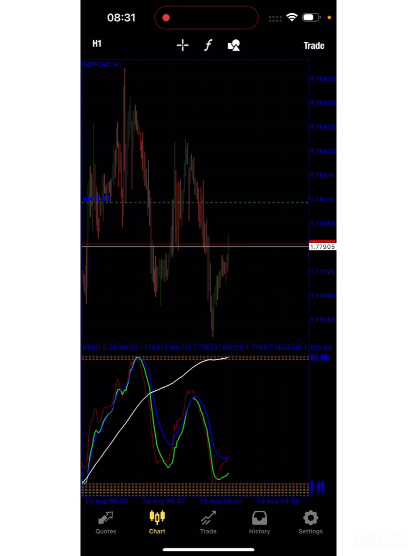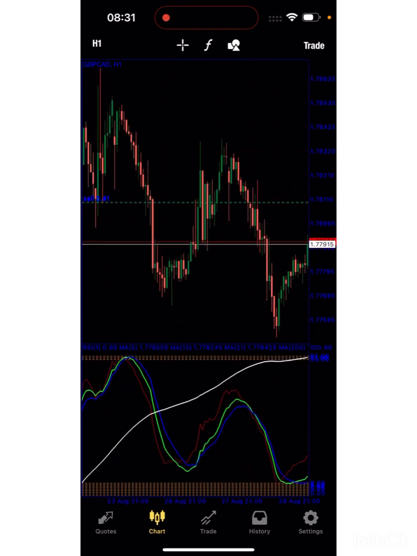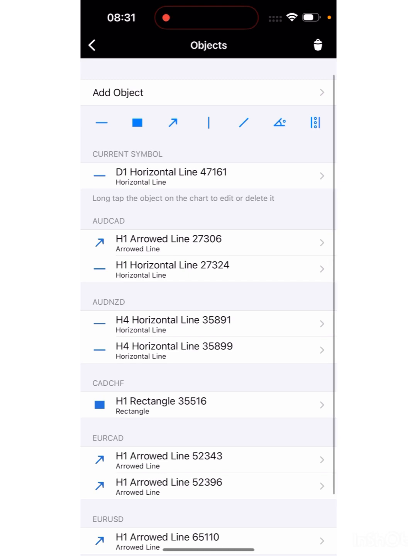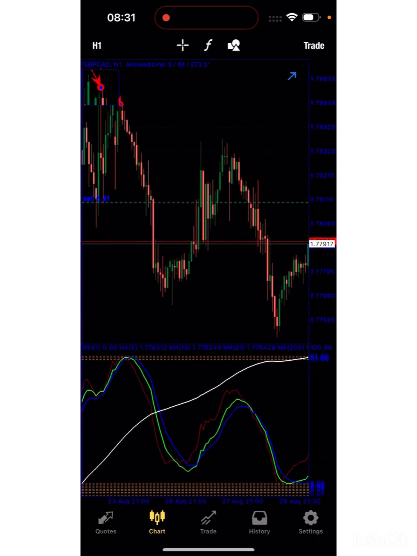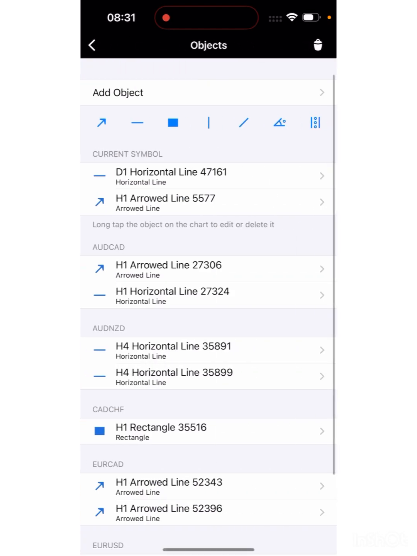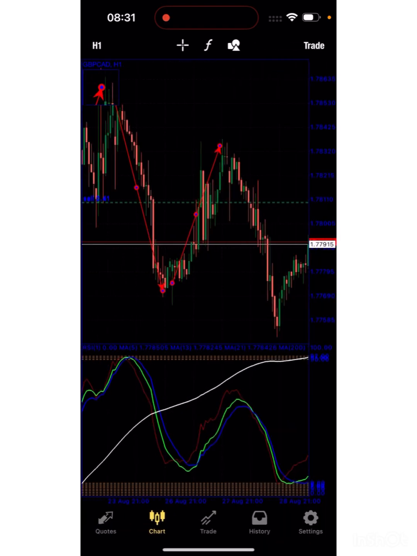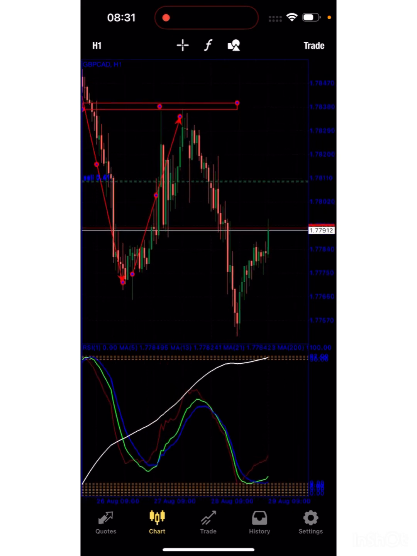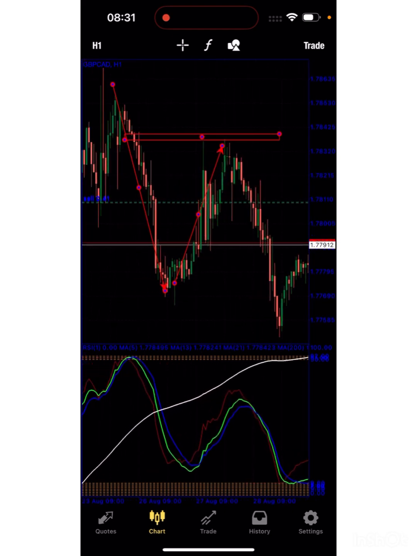Even if you just use the chart, you can see that the market went up to this point, gave us some drop, and after that gave us a pullback. We got some zone around here, and after the market hit the zone, it gave us some drop.